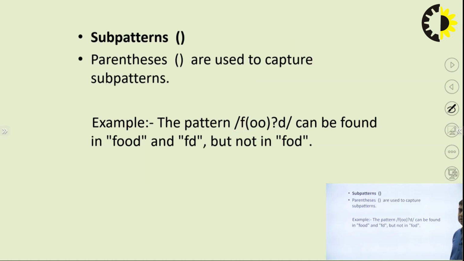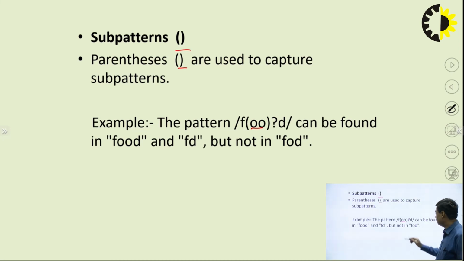Next is subpattern. We can define the subpattern with the help of parentheses. Look at an example. The subpattern is OO, or you can say a part of a substring within a string. To ensure that this substring is present in a string, we use this subpattern.